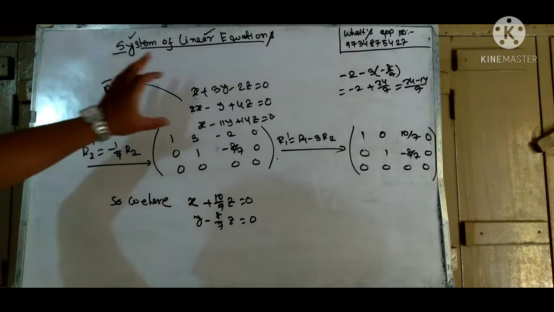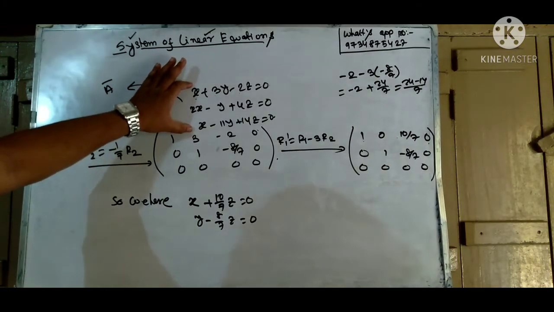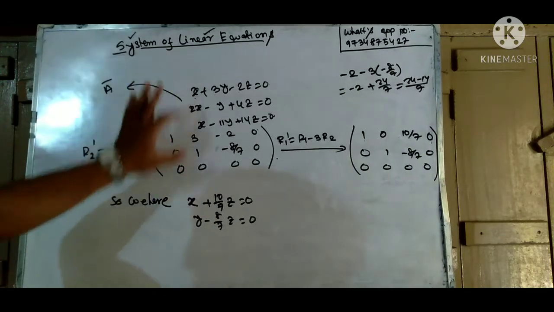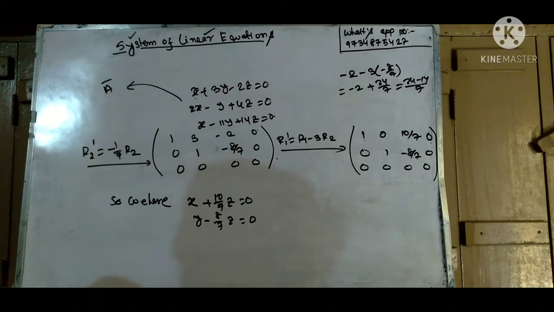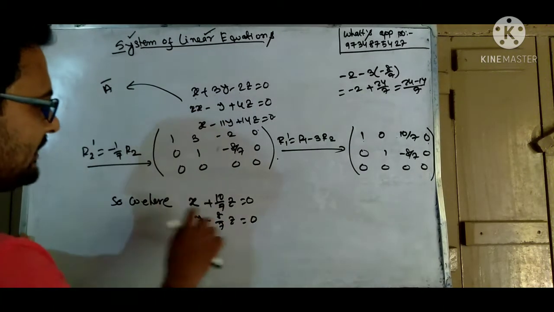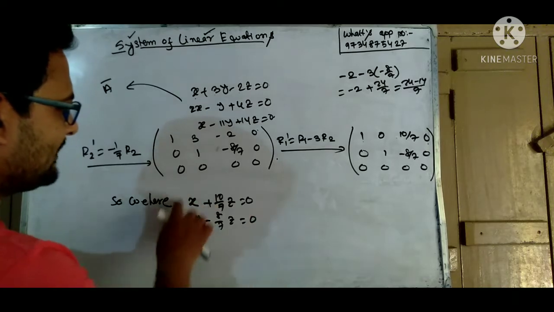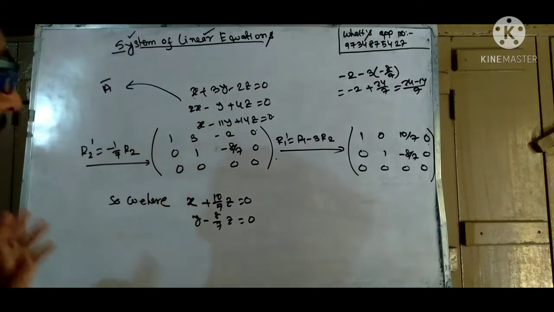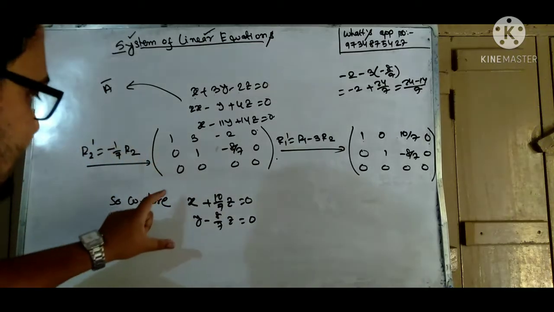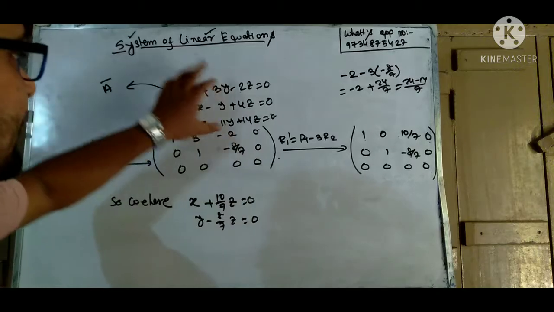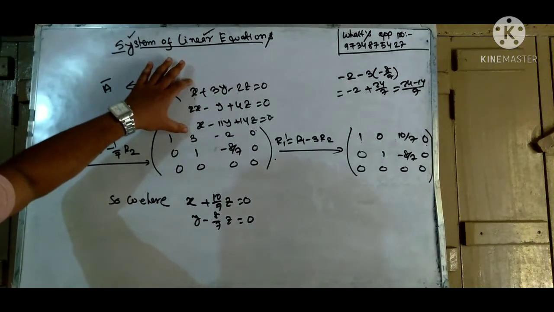So actually this system of linear equations and this system of linear equations are equivalent. Okay. Since these are equivalent, the solution of this system of linear equations will be the same as this. So we will first find the solution of this system. Clear?